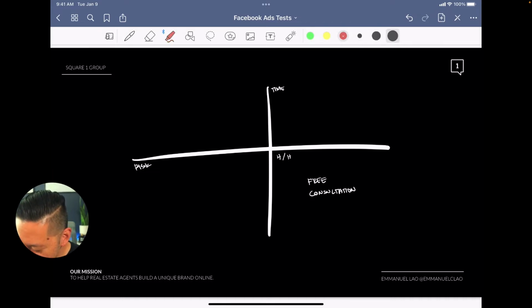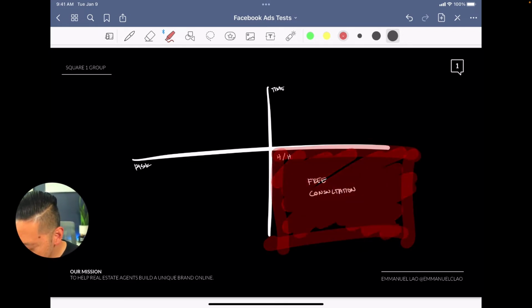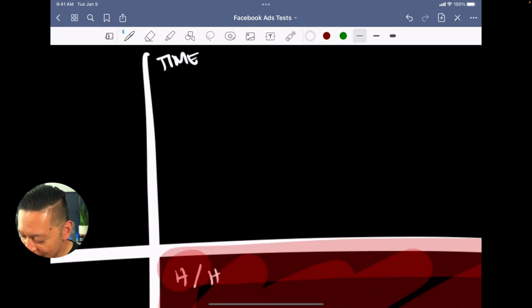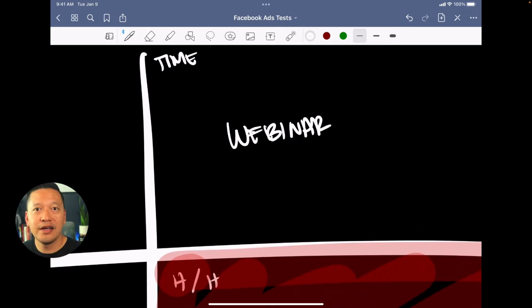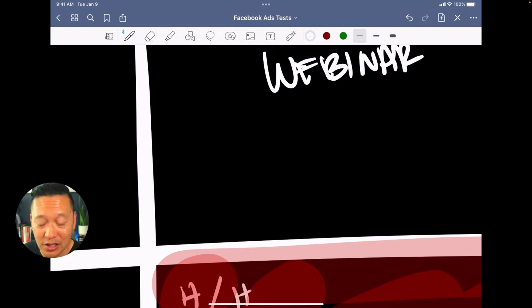So let's highlight this and mark this one in red. No go. Now, on the other hand, something that's a little bit more low risk but still high on the time investment scale is something like a webinar. This may not be a direct sales pitch, but it may be low on the risk, but high on the time investment scale.